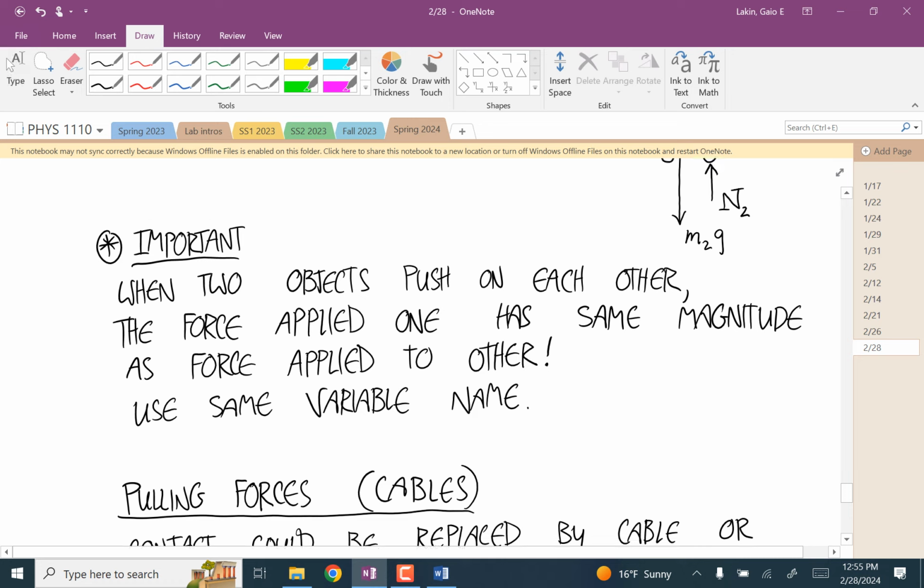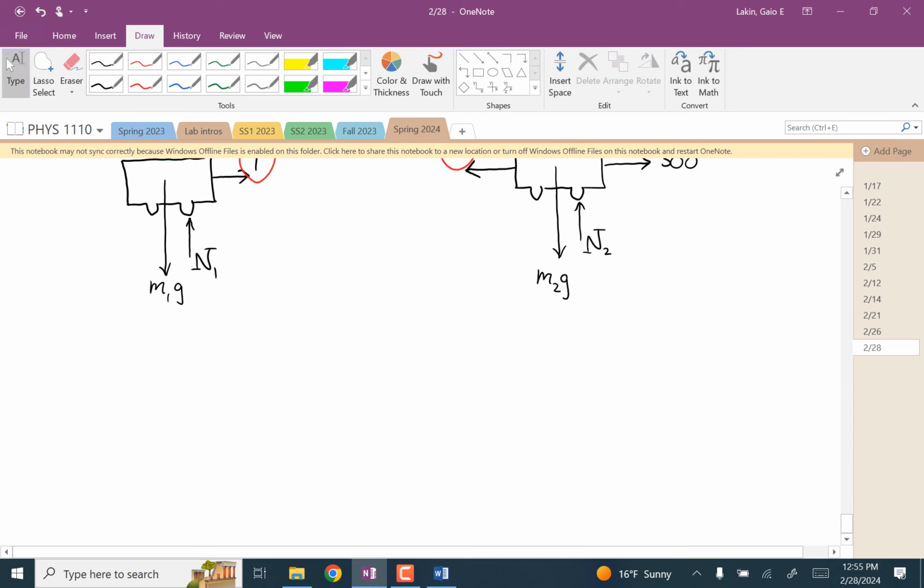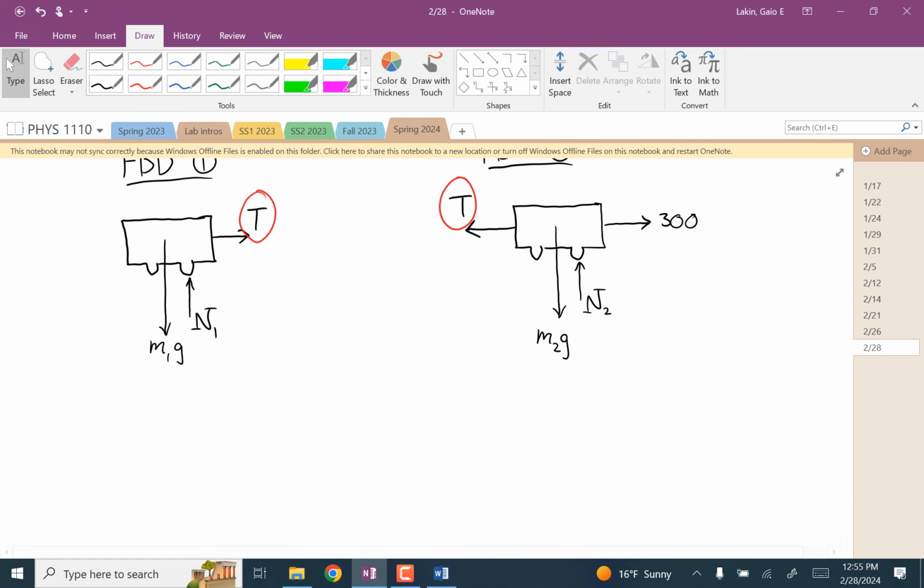Okay, so with pushing forces, I said there's this important thing that happens when you have two bodies in contact with each other. There's something like that with pulling forces that explains why these two variables are the same.